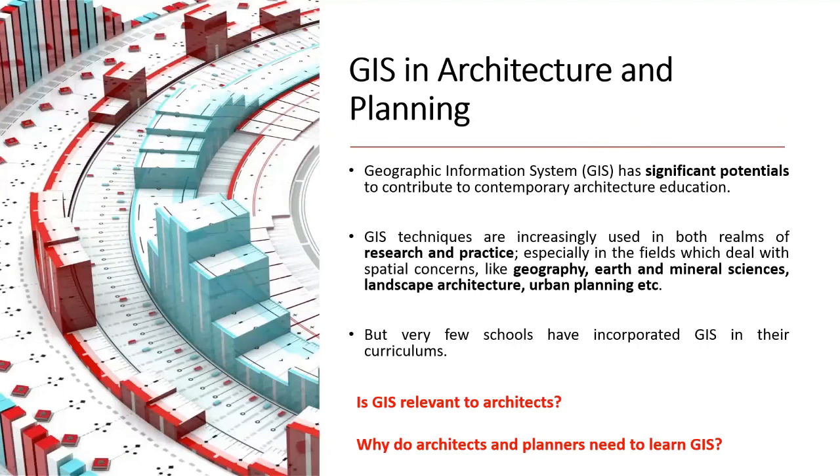So it remains highly applicable. Yes, it is. The answer is obvious. It is very highly applicable to architects and planners. Planners are using GIS, but it is still yet to be included into the architectural curriculum.